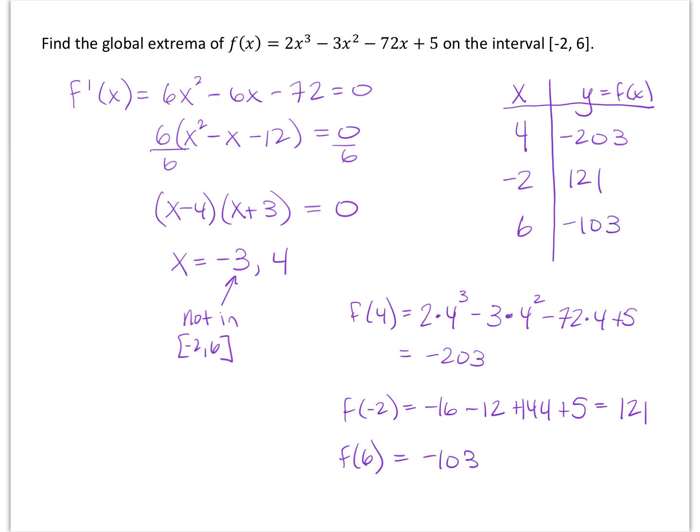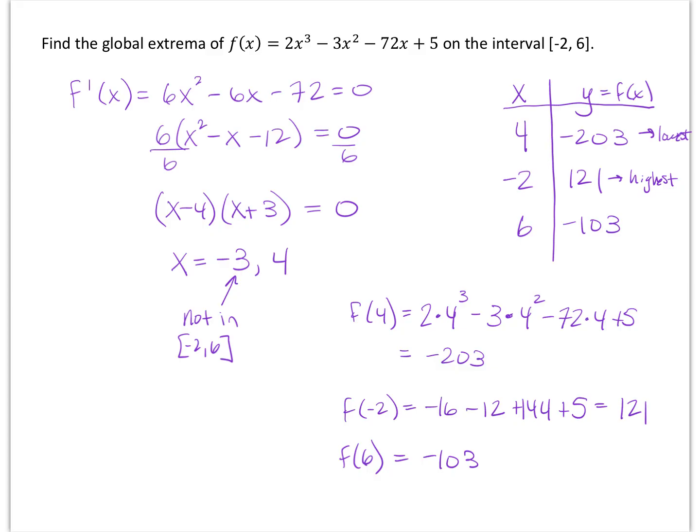And then I just pick the highest and lowest y value, and those are my global max and my global min. So this one is the lowest, and this one is the highest. So I'm going to write my final answer in a different color here.